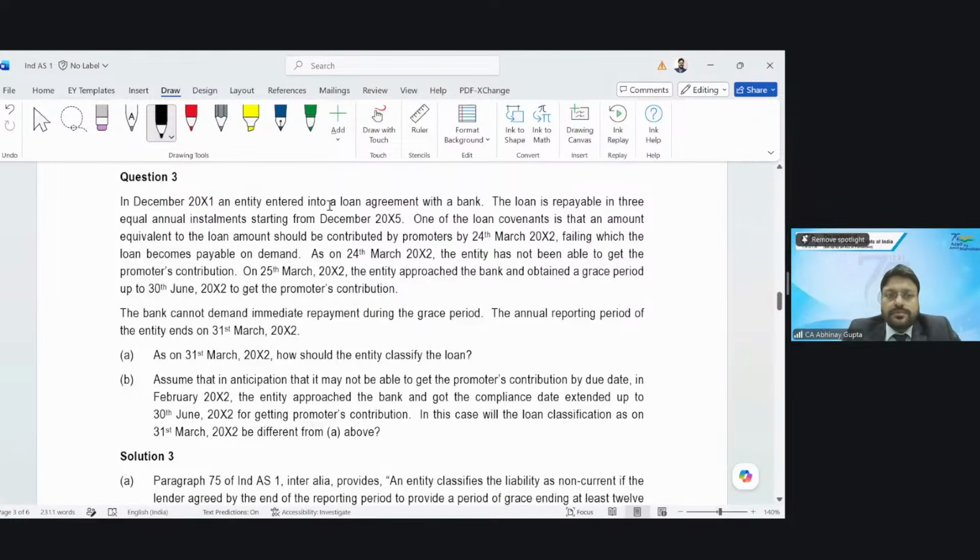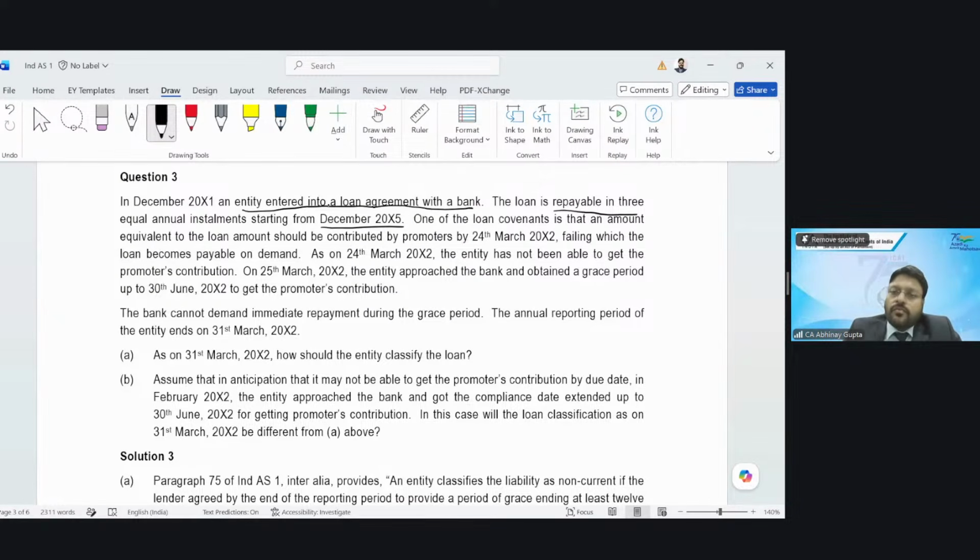Let's do this question. In December 2001, an entity entered into a loan agreement with a bank. The loan is repayable in 3 equal annual installments starting from December 2005. So the loan is repayable in how many installments? 3 installments. Installments are annual, that is, they start from December 2005.